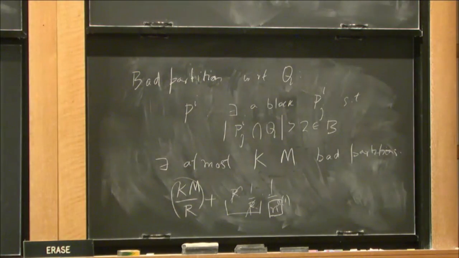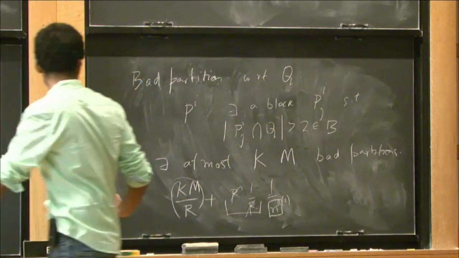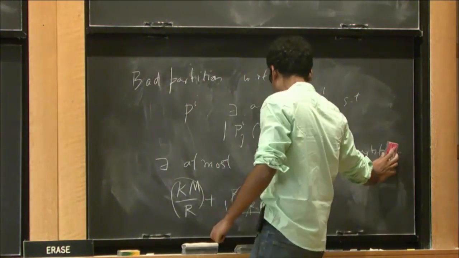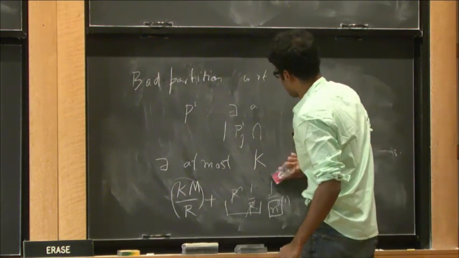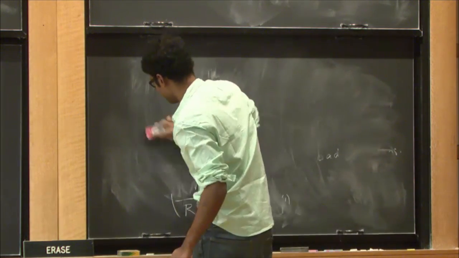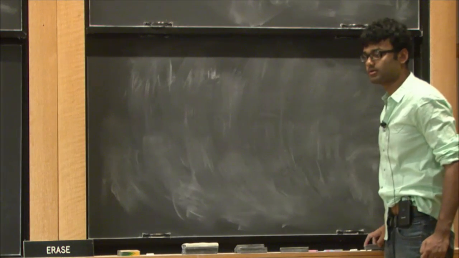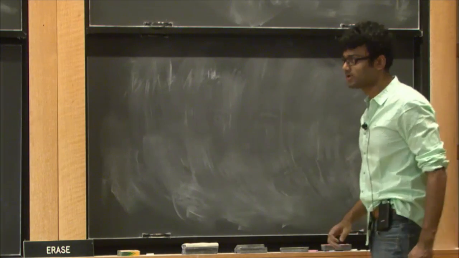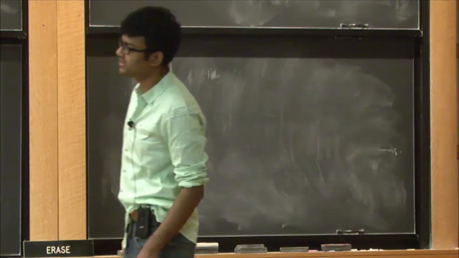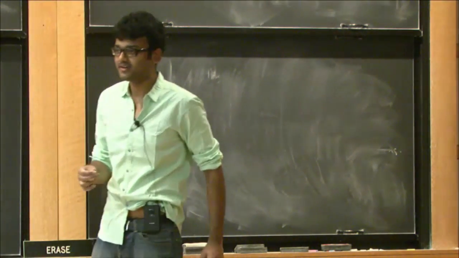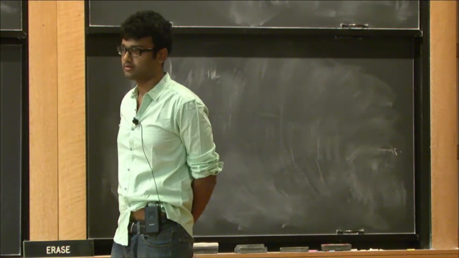The next part is proving that this function is actually balanced. But K times M over R is big, it's not small enough.